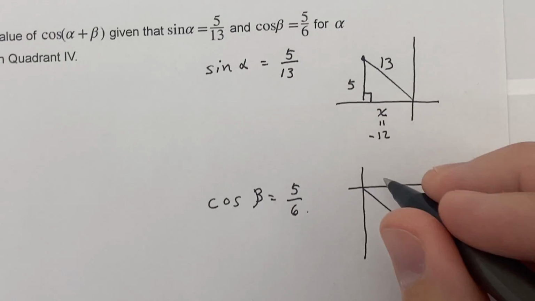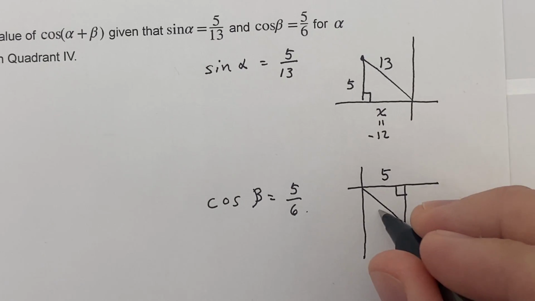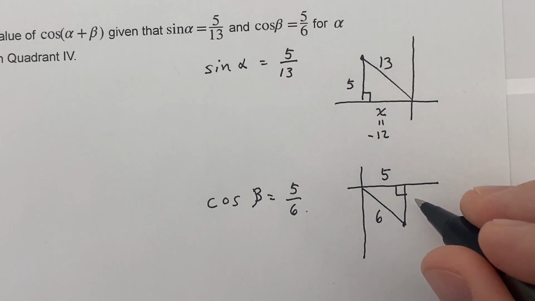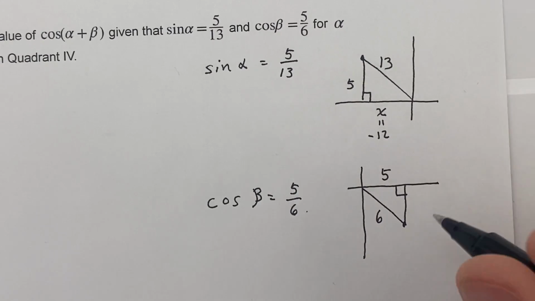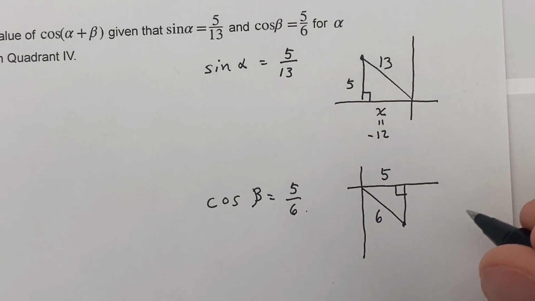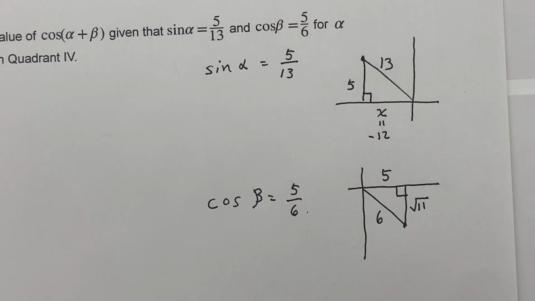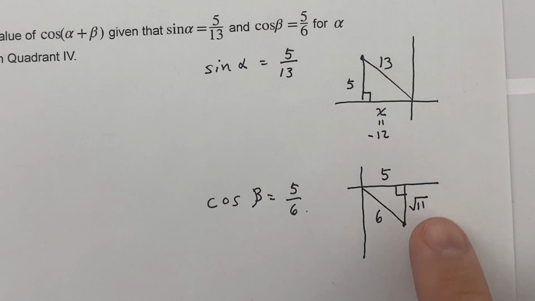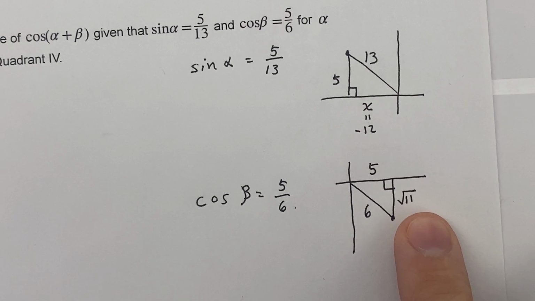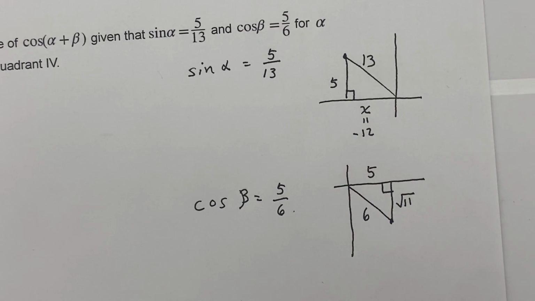Adjacent over hypotenuse, x over r. This one, Pythagorean theorem. Let's save ourselves some time. I think we've done that enough. It's going to come out to be 11. So again, Pythagorean theorem is how you come out with 11. And again, everything's kind of set and ready to go for us.